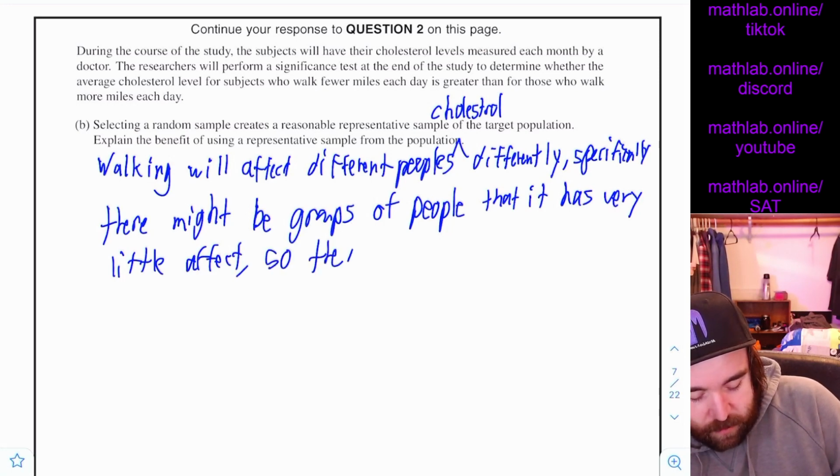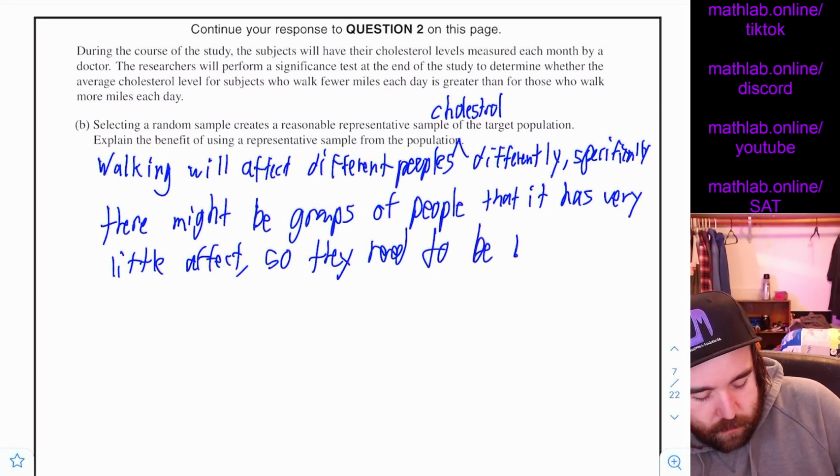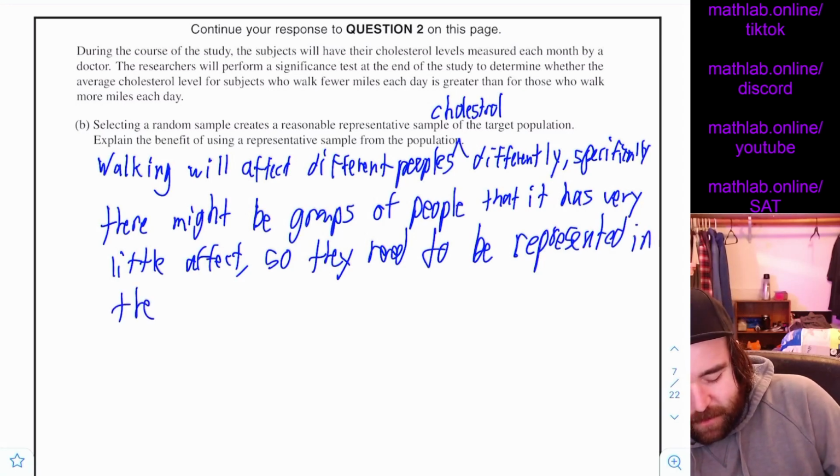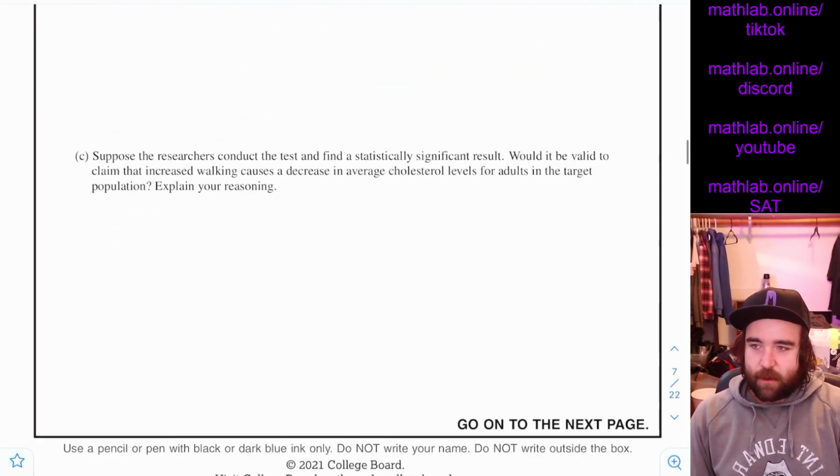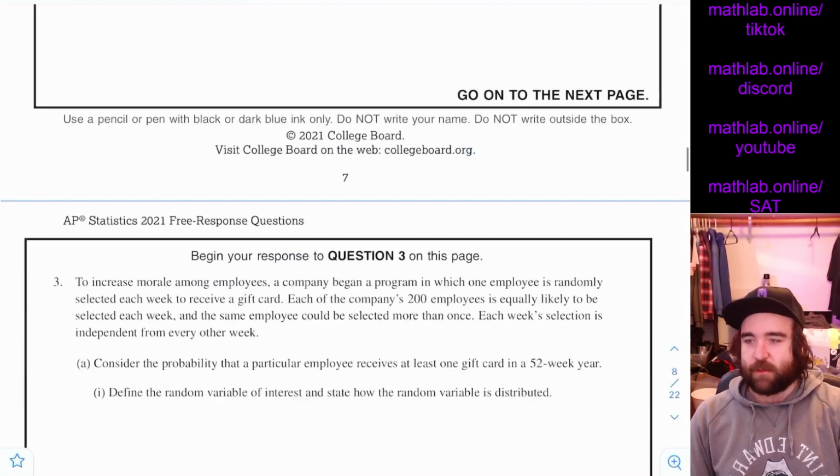So they need to be represented in the sample. I don't really like that answer, but I don't really like the question either. So I think we're going to leave it there and make sure we come back and check that answer.